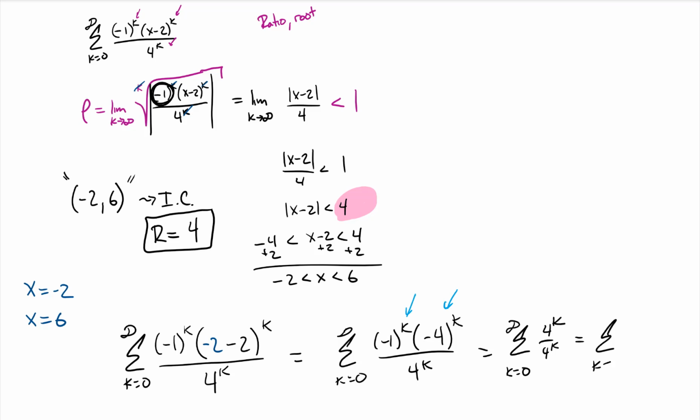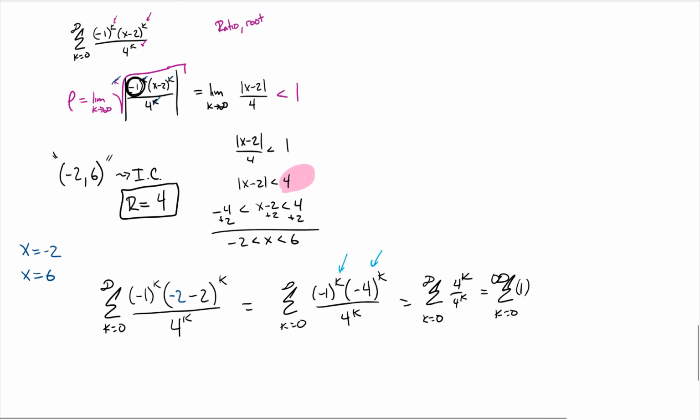So it's the sum from k equals 0 up to infinity of 1. So that's 1 plus 1 plus 1 plus 1 plus 1 forever. This tends towards infinity. That's bad. We don't want that. We want that to go to 0. Those terms do not go to 0. Therefore, -2 is not going to work, and we're not going to use that endpoint.